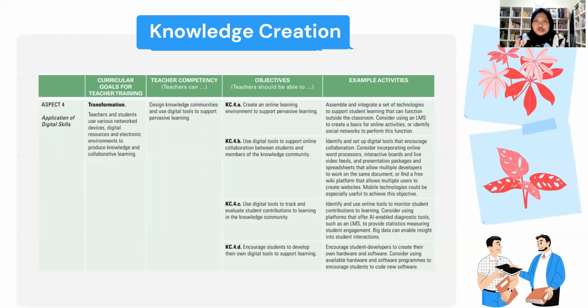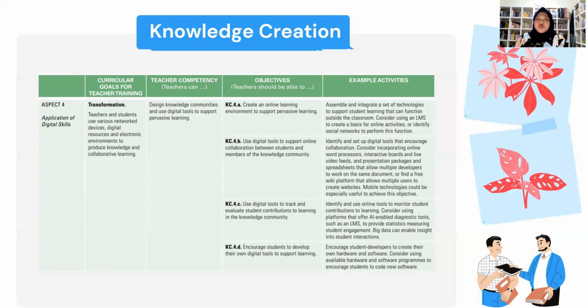The objective of this aspect will be creating an online learning environment to support pervasive learning by assembling and integrating a set of technologies to support student learning that can function outside the classroom.